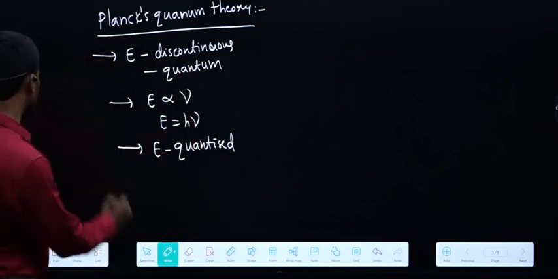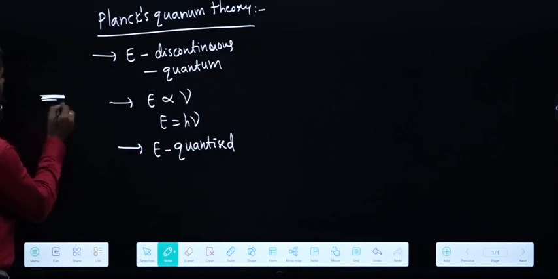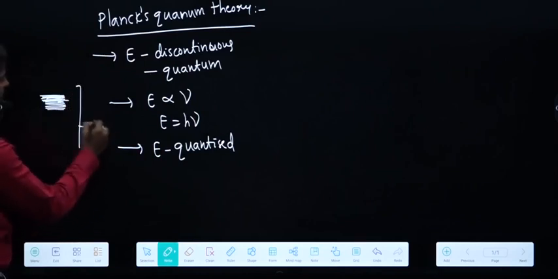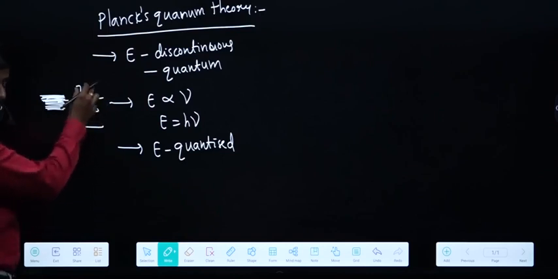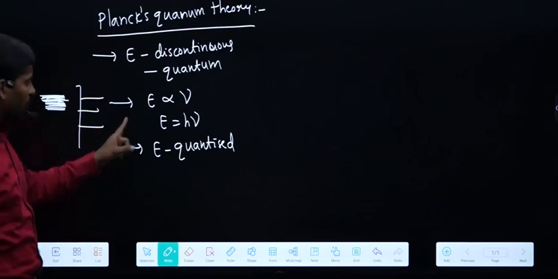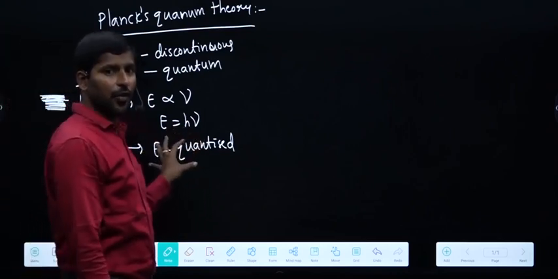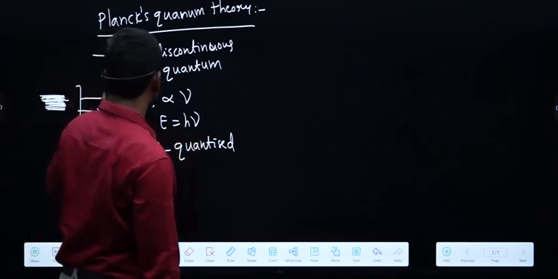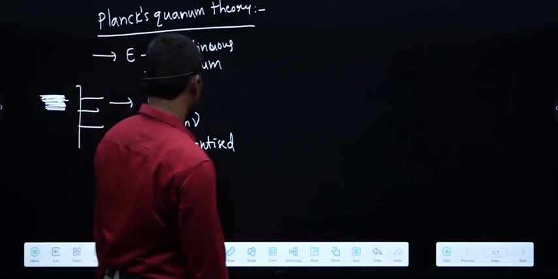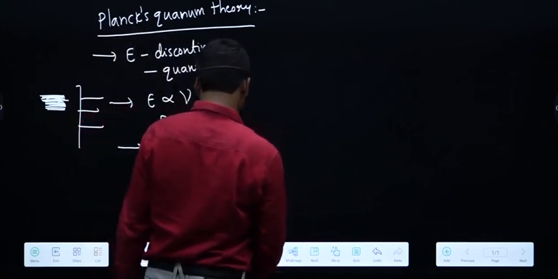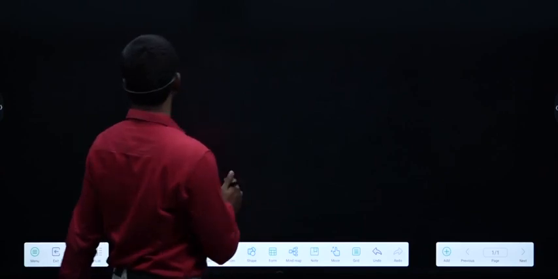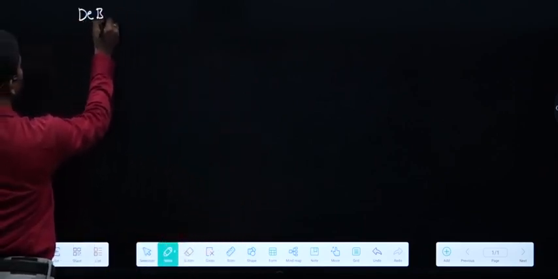Energy is quantized means, whether energy levels are continuous or finite, some discrete energy levels are present. If finite energy levels are possible, then energy is said to be quantized. These are some assumptions in Planck's quantum theory. So next one, de Broglie's wave particle duality.